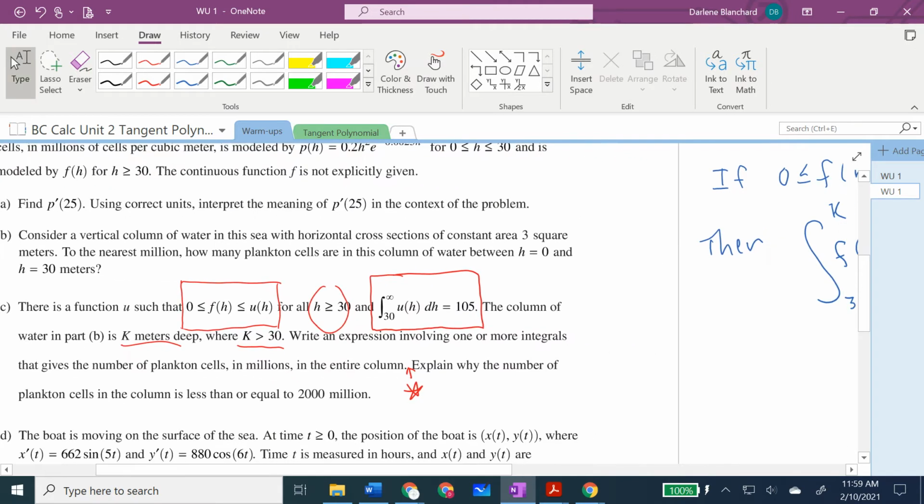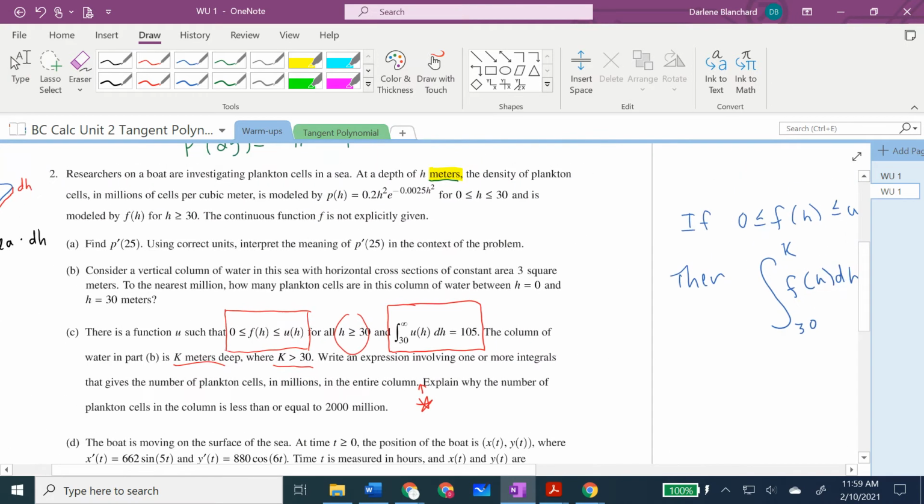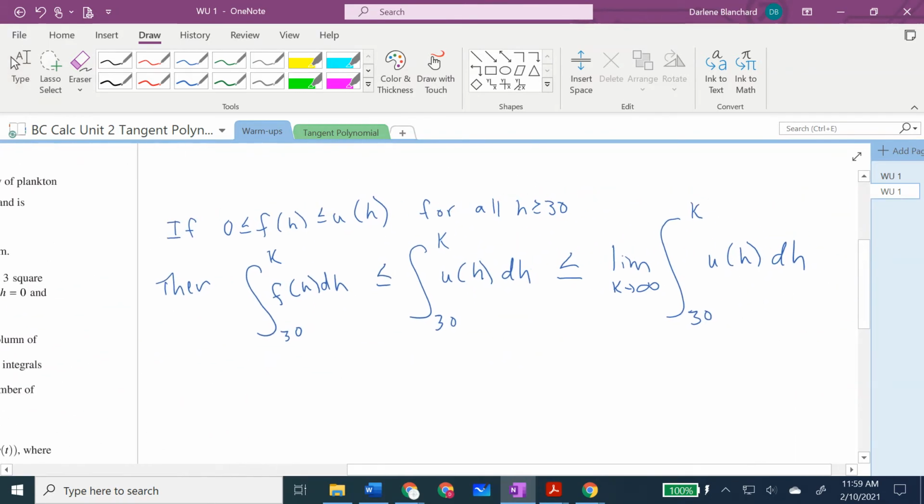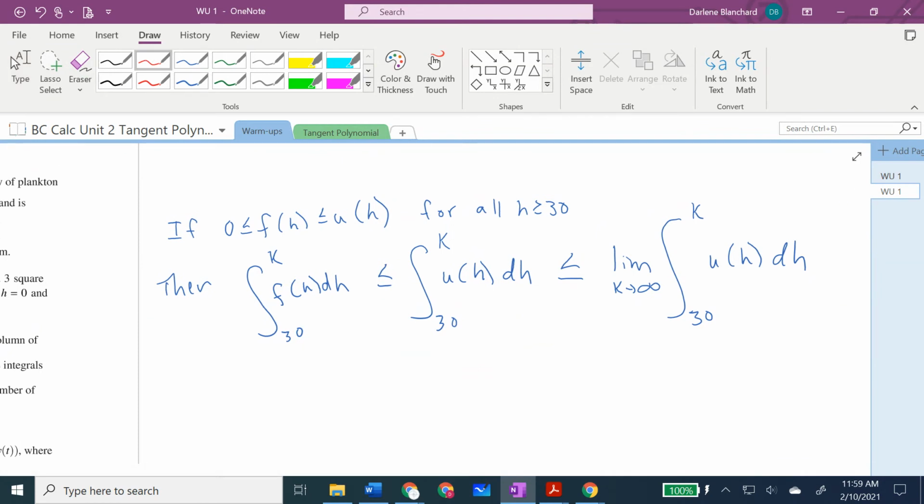So I already have this written to get us started a little bit. Make sure you are aware that this is a property of definite integrals. This fact right here.